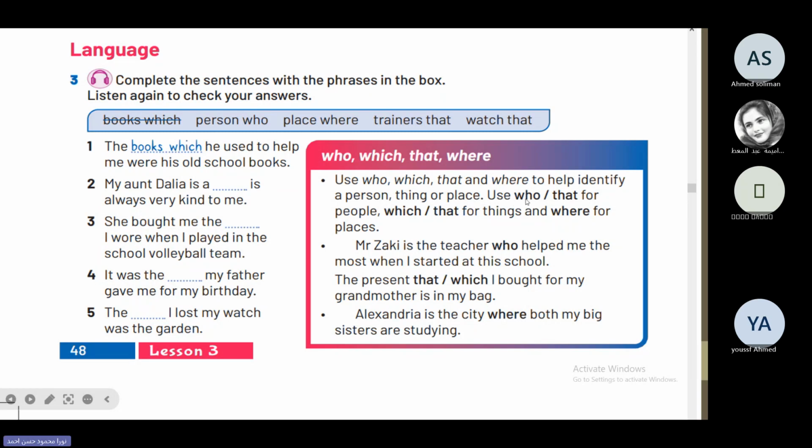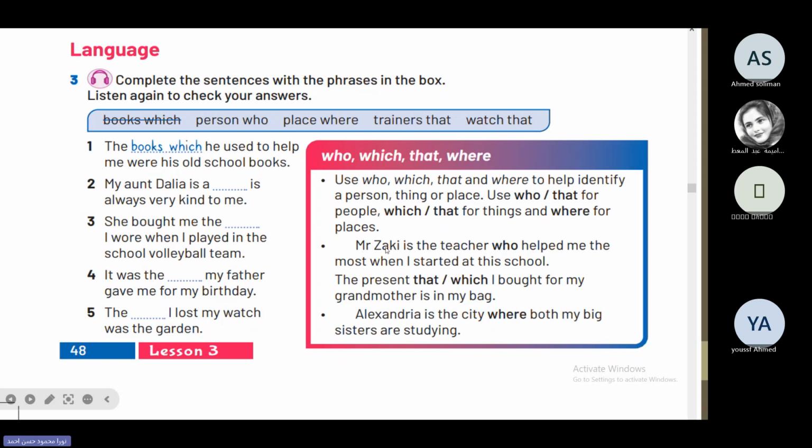First, we use who and that for people, to identify people. We use which and that for things. Where for places. Again, who and that for people, which and that for things, where for places.